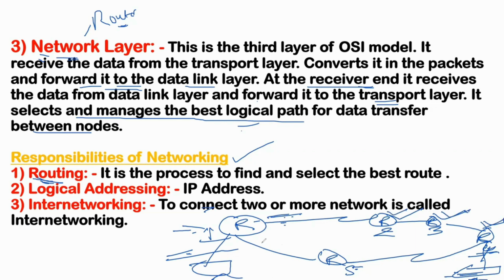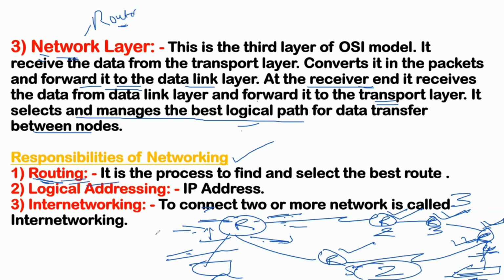And we have a second way. In this way, we have to pass the data through this router and this router only. Means two. So on this path we have three hops, and on this path we have two hops. So the router will decide from which side it has to go. So this process is called routing.